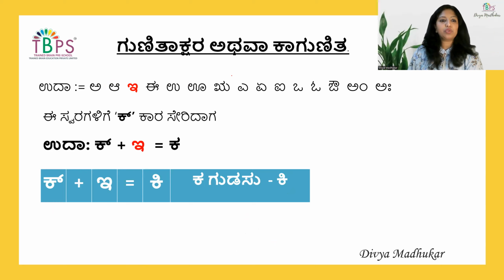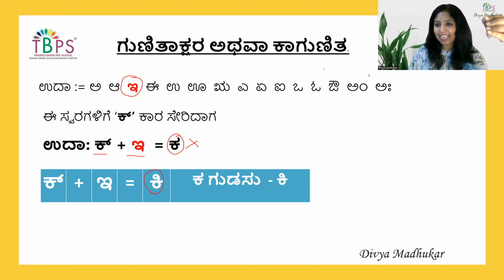Now let's move to the next one. What is our next swara? Very good, that's a right guess. It is i. So K and i makes what? This is wrong, children, I have printed it wrong. K matte i seridaga, we get ki. You can identify the sound of the swara in the Gunithakshara.